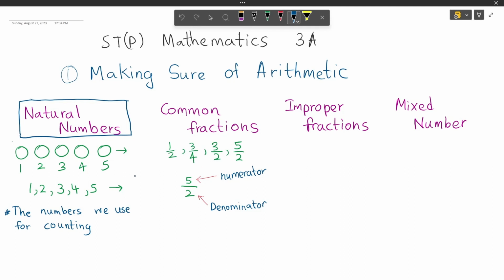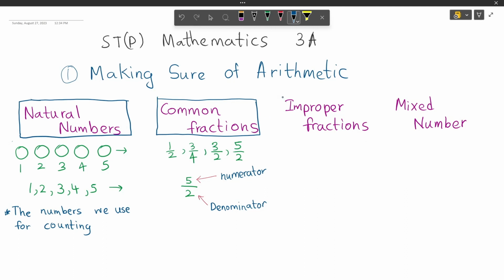Now we can move on to improper fractions. Now we know common fractions also. An improper fraction is a special case of common fractions. So improper fractions also belong to common fractions.